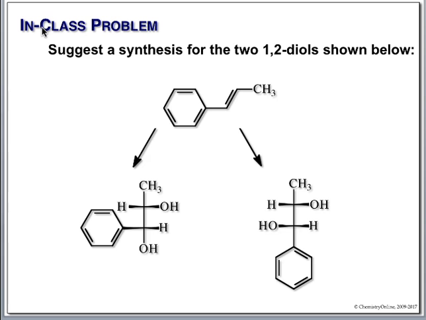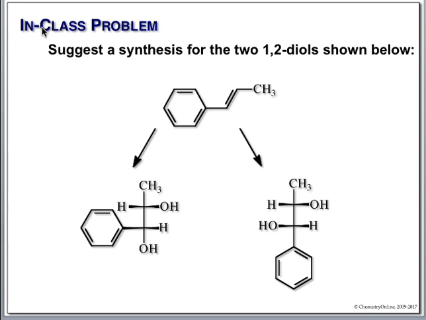But if we did an oxirane followed by a ring opening, we would have a trans 1,2-diol. So the real question here is, in which of these are the OHs cis and which are trans? Or are they both the same? Now that's a neat question, isn't it?